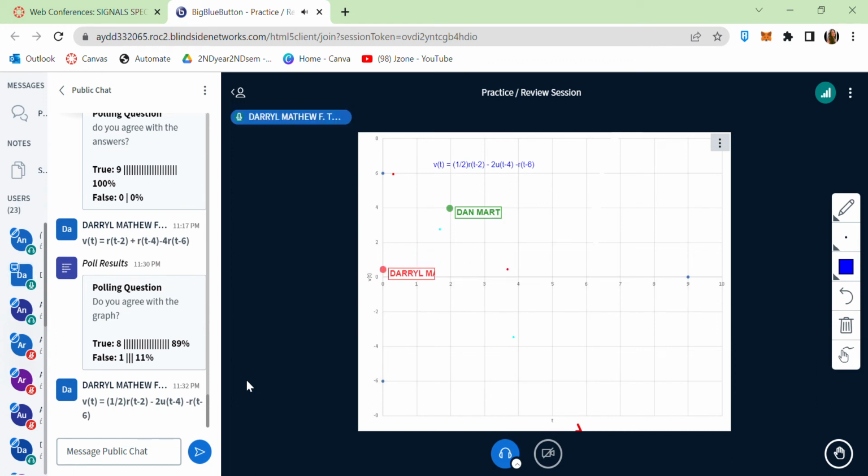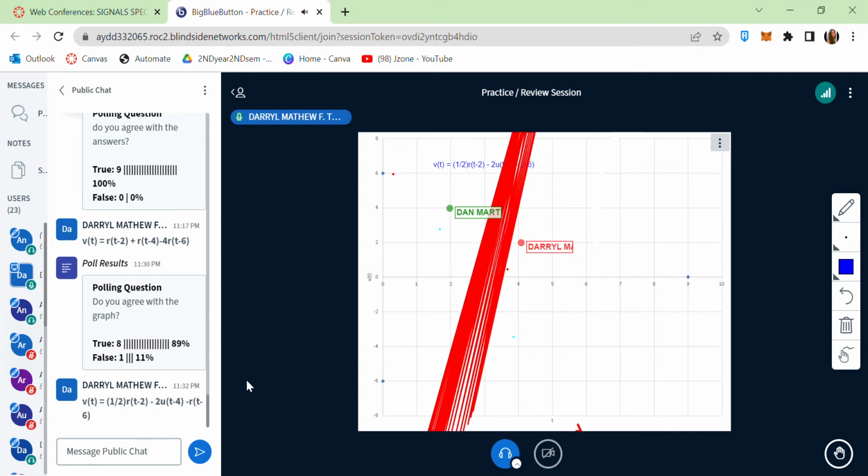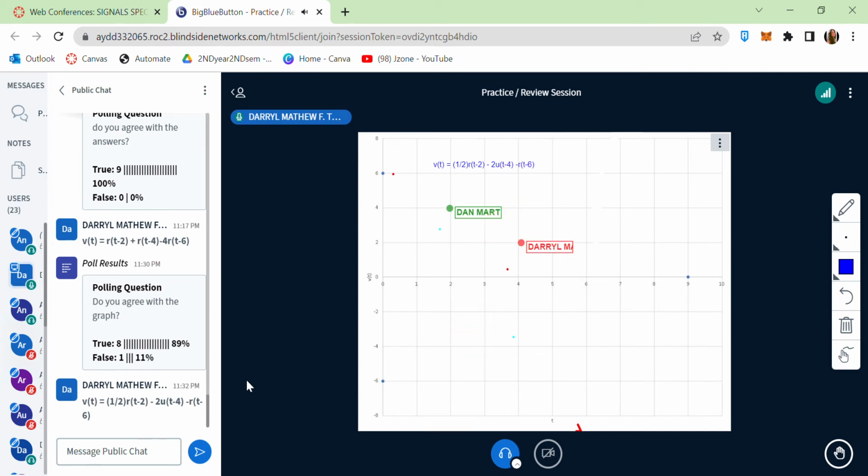So remember, yung impact ng mga ramp functions natin sa input, liliko siya, pero hindi siya tatalon. Yung impact naman ng mga step functions natin, dun siya tatalon.